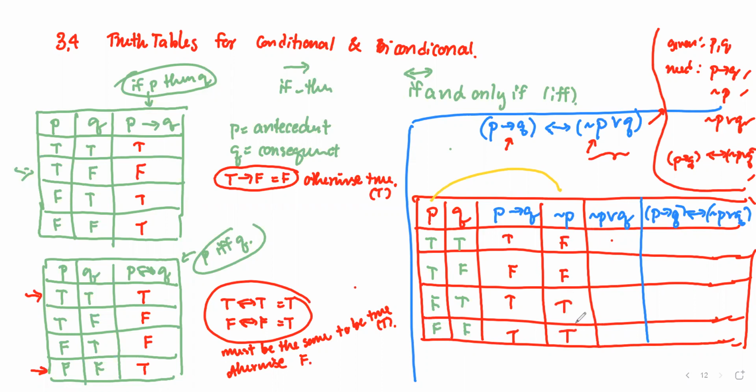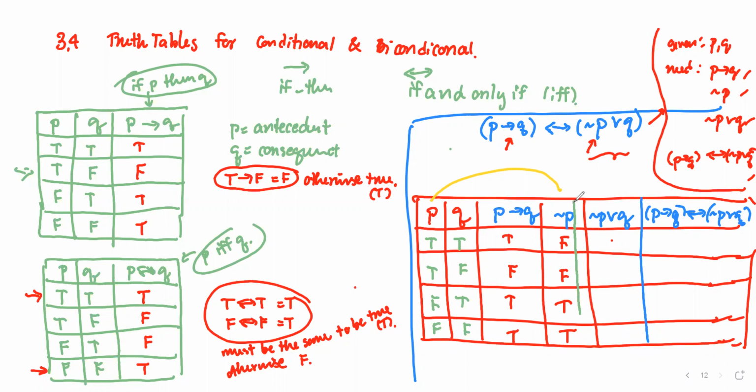And next gonna be not P or Q. It looks like not P and Q are further apart, so I'm gonna pretend like I have a slightly small column here just for my convenience. So I'm gonna put true, false, true. Let me make it wider. It's kind of squeezed in there.